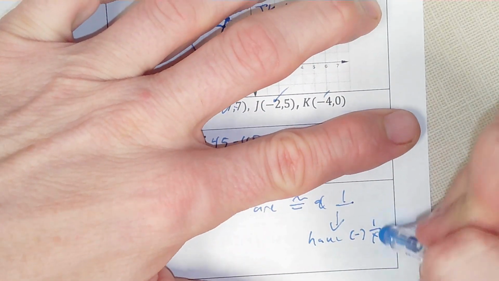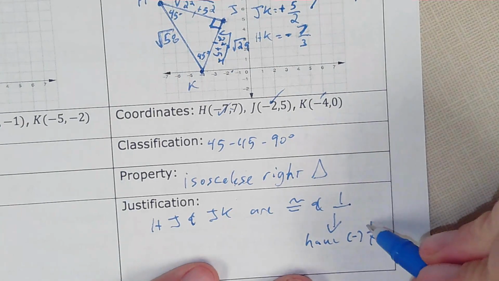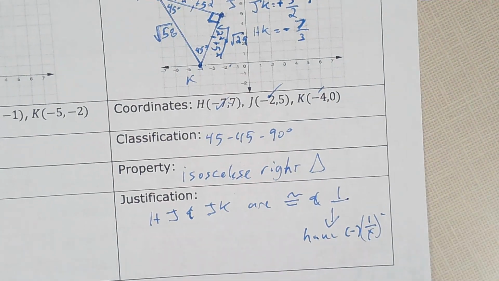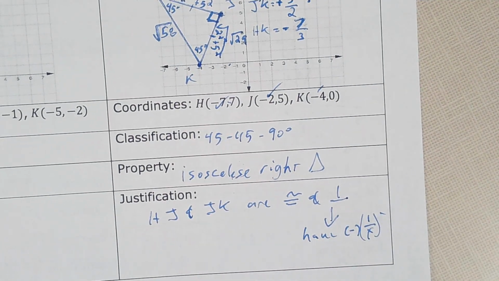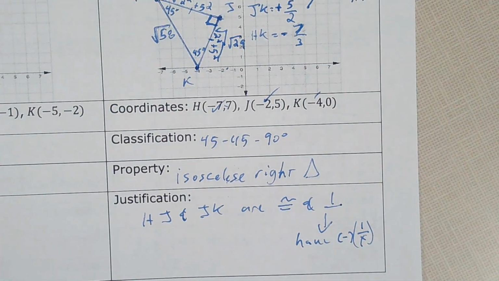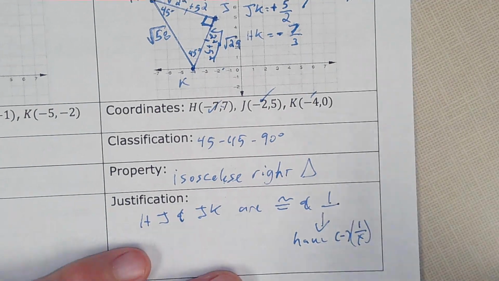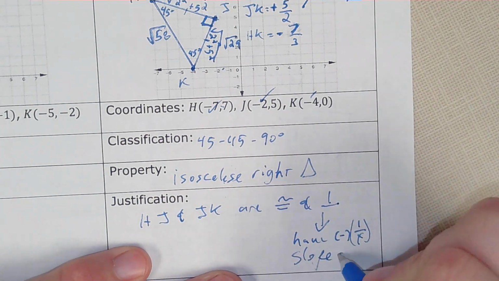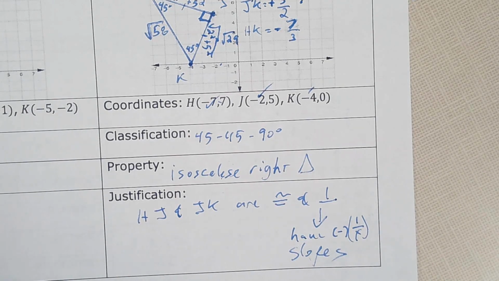And reciprocal. Oh, actually, I wrote that wrong. I shouldn't do that. Reciprocal slopes. Sweet. You could also say Pythagorean's theorem or whatever, but that works too. All right, that was a fun one. I really like that one.